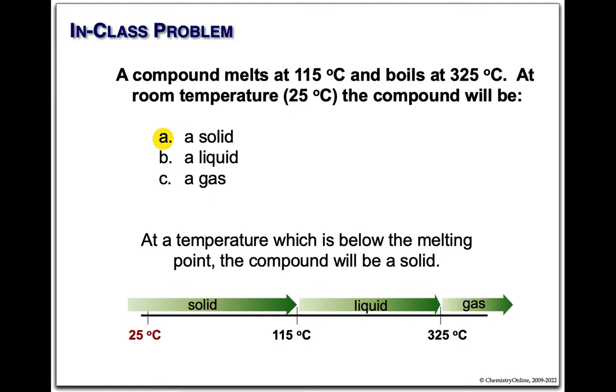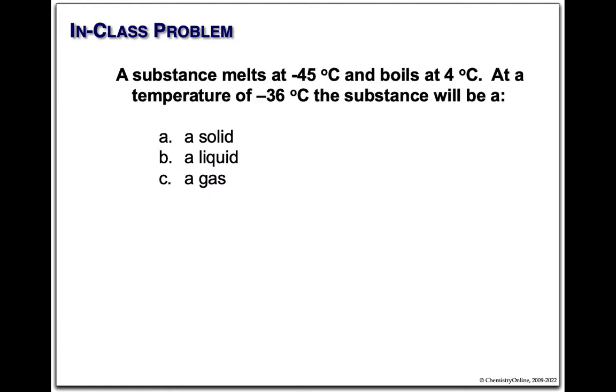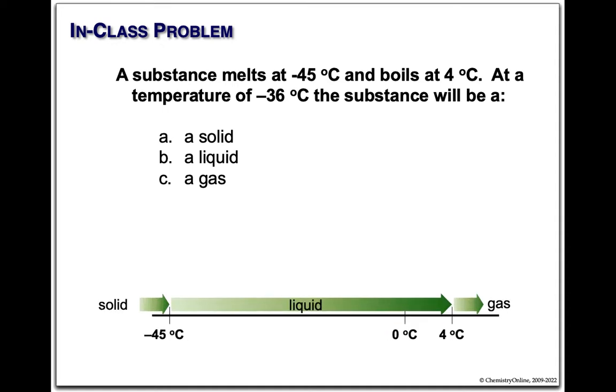One more, just to spice it up, I put negative numbers. We melt at minus 45, boil at 4 degrees, and we're sitting at minus 36. Here's our line. This is our melting point. That's our boiling point. We are at minus 36, somewhere in here. It's a liquid.